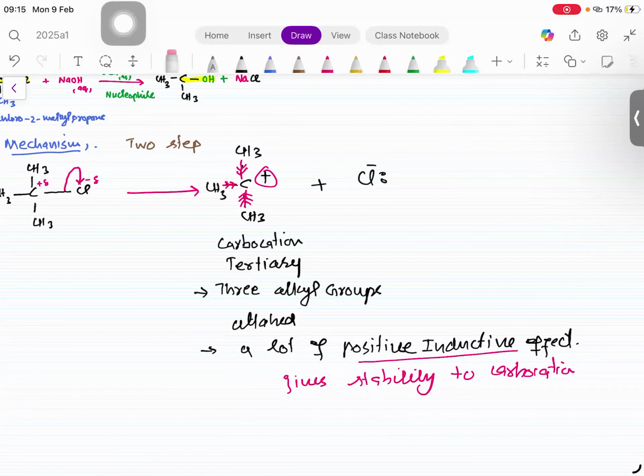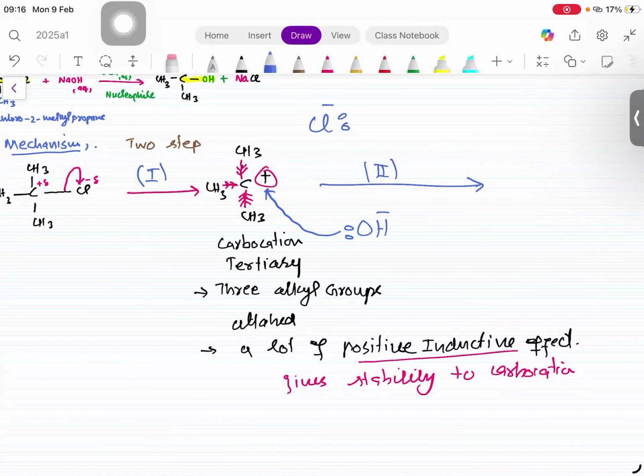Now in the second step, I can draw the carbocation down here again, but I'll give a shortcut: instead of this, I'll write Cl negative on top. In the second step, OH negative comes in with its lone pair of electrons, and the curly arrow means a dative bond is formed between oxygen and carbon. This is the first step, which I write as Roman numeral I, and here is the second step.